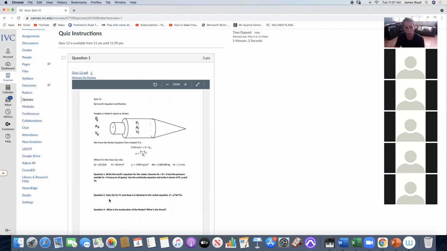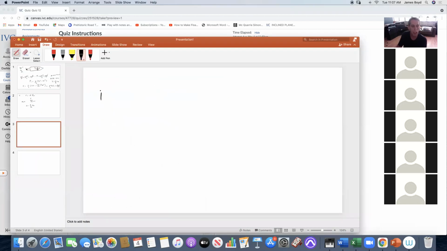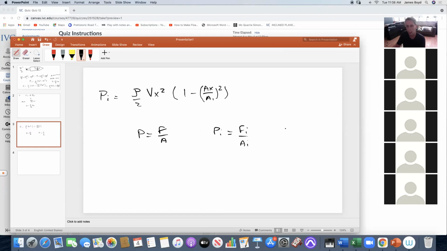Now, we want to solve this for F_I. We want the internal force here. And so we're going to note a couple things. We have P internal is rho over 2 V_x squared times 1 minus A_X over A_I squared. Pressure is force over area, so this is actually F_I over A_I, but I want you to turn A_I into A_X.